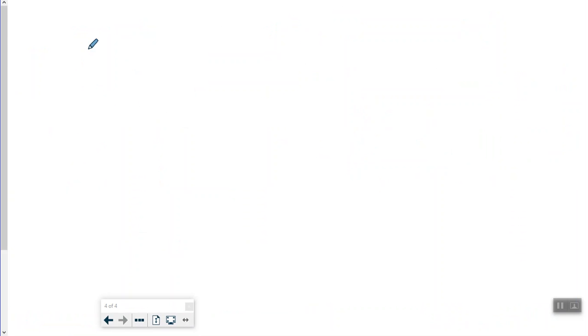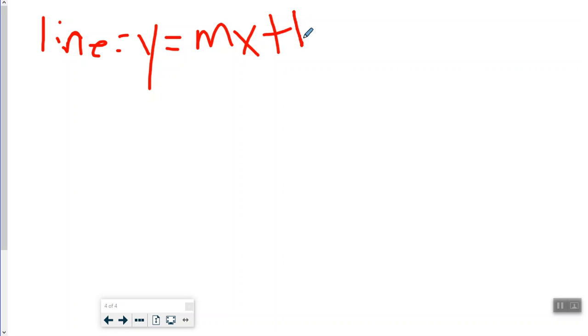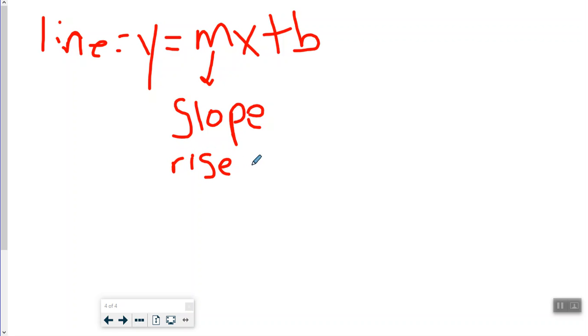The things you need to remember is the equation of a line, okay, is y equals mx plus b. M means slope, okay? Slope is rise, how much you go up or down, over the run, how much you go left or right.